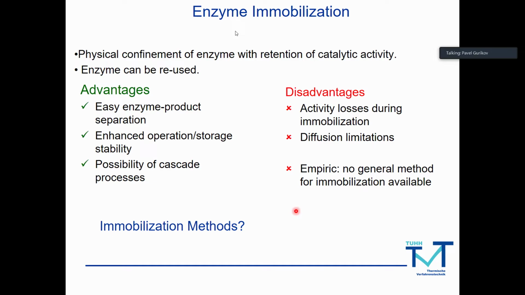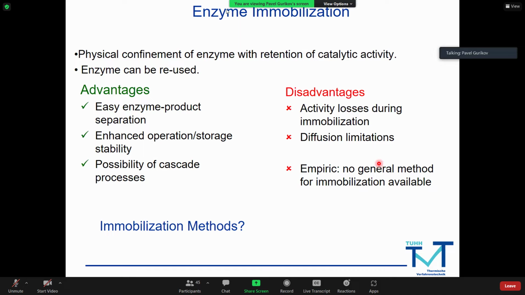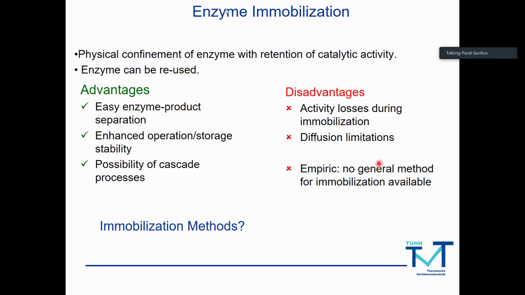You can store it and reuse it later on. But the thing is that to catalyze, the enzyme should be accessible to all the chemicals which are part of your reacting system.